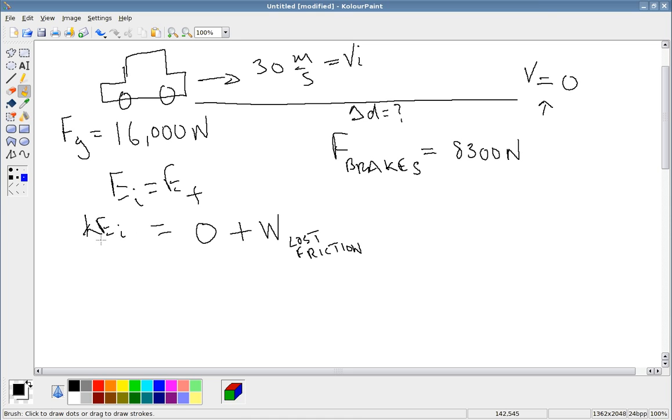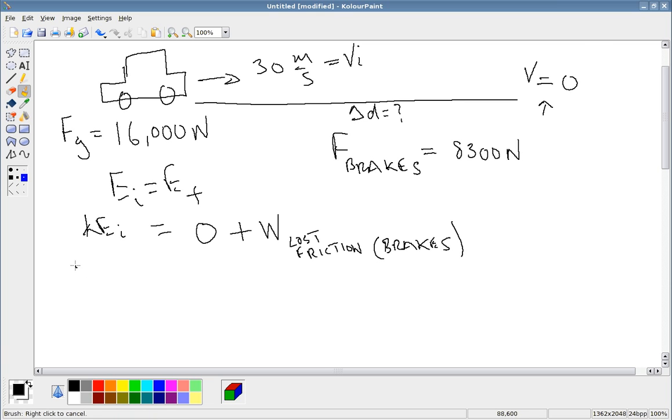So our initial kinetic energy is basically completely burned up by the friction of the brakes. Lost to friction. And let's put brakes here. Okay? So let's work out the equation at this point.